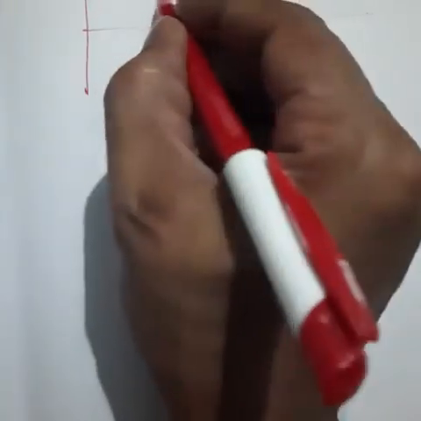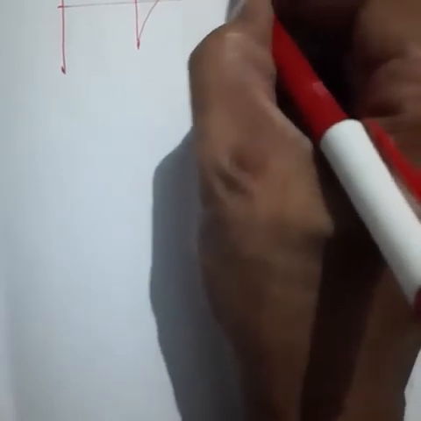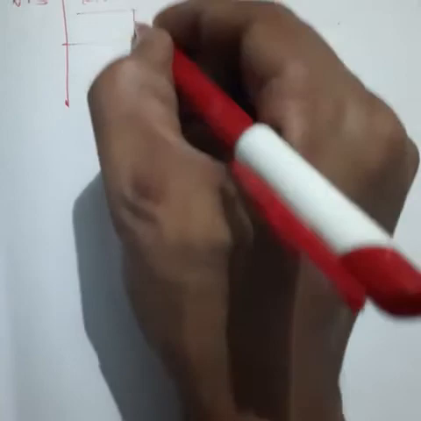Just like in the monostable, this is VB. In this case, Q2 on, Q1 off.